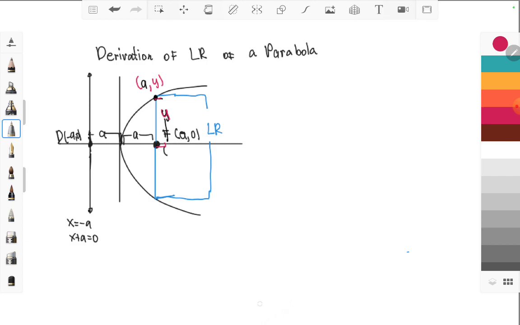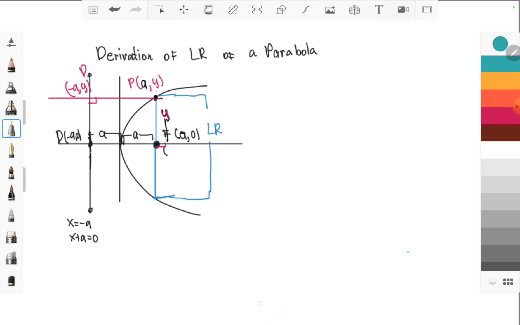If I take its perpendicular distance to this directrix, this will be my point negative A, Y. Take note that this will be my P, a point on the parabola, and this is my directrix.